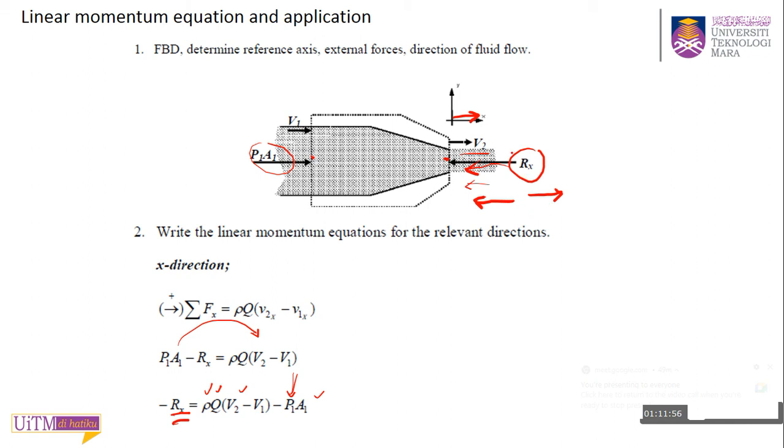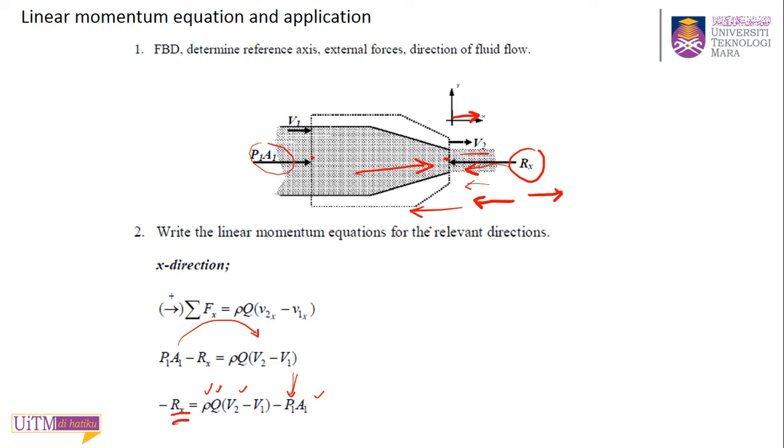But logically speaking, if you have a nozzle like this, the nozzle will have a force going out this way. So to make sure it is in equilibrium, there must be a force in the direction that acts against it. So that's why in this question they assume to the left.